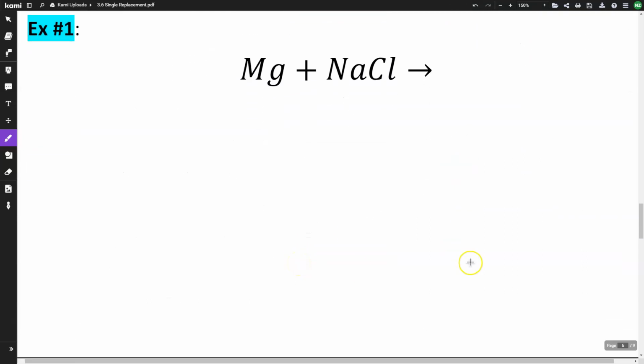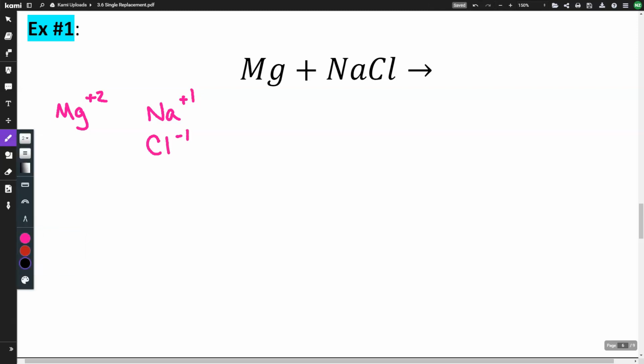So let's take a look at an example. So in this case, we have magnesium and sodium chloride. Figure out charges. So magnesium is +2. Sodium is +1. Chlorine is -1.